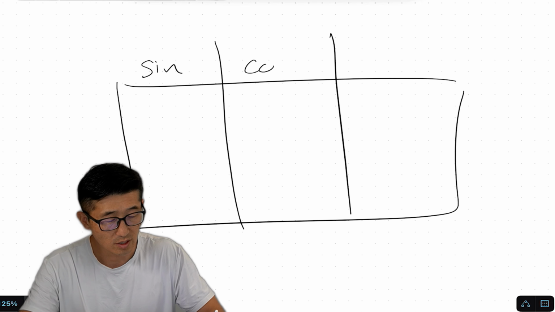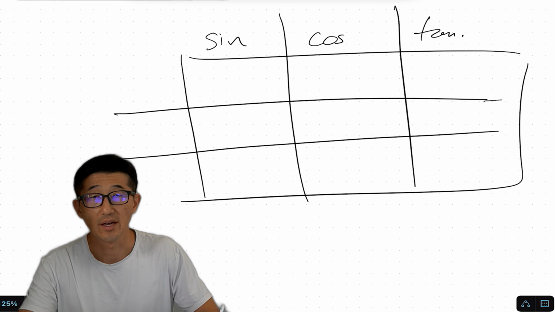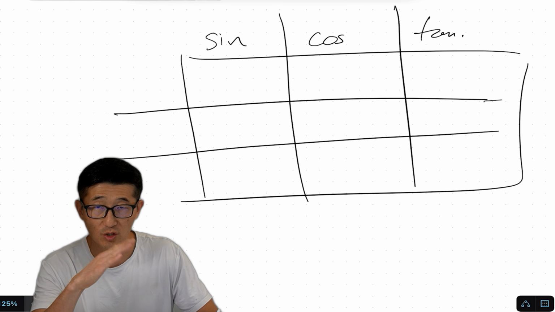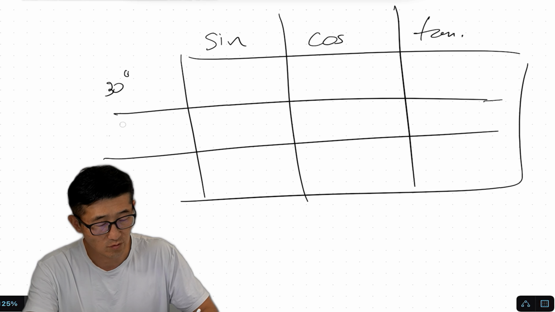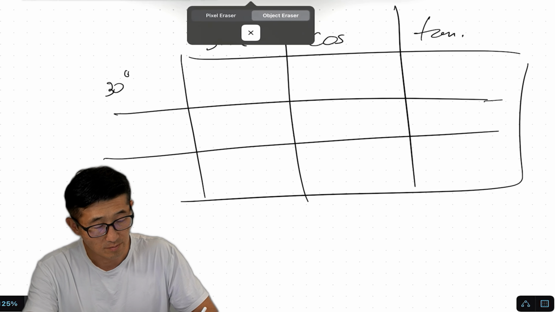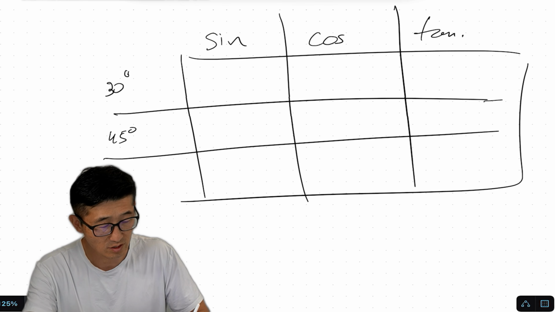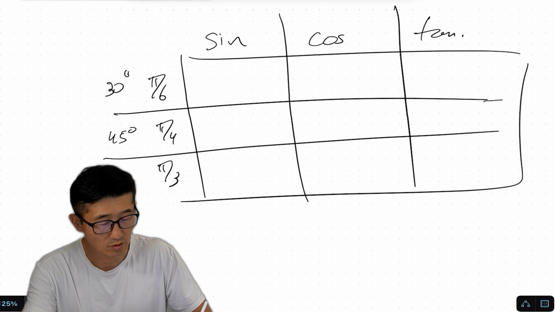These numbers in this chart are your first quadrant x and y coordinates when a radius of a circle is raised to a certain angle. So you got 30, 45, and 60 degrees. That's pi over 6, pi over 4, and pi over 3.